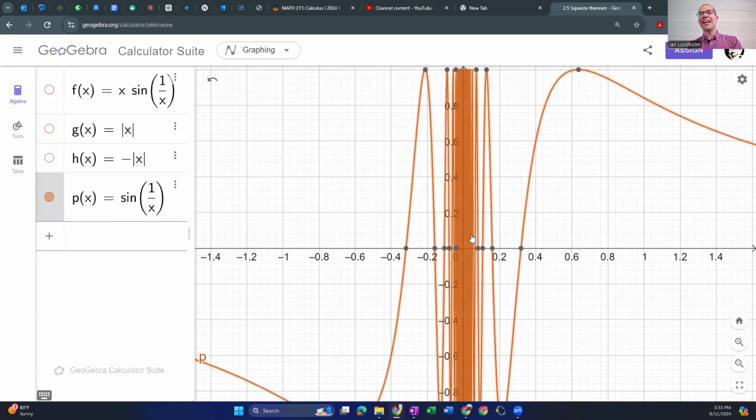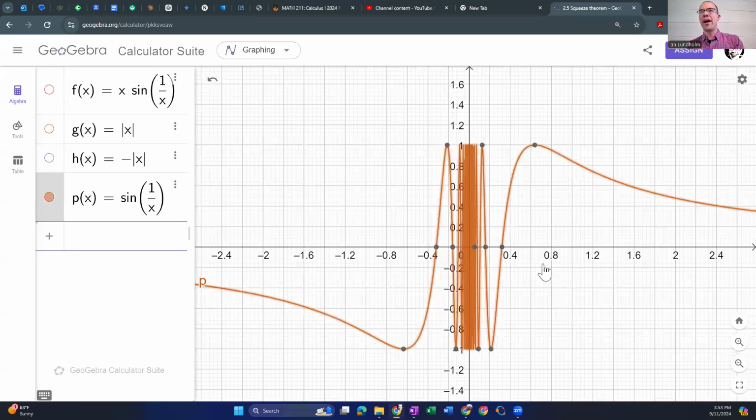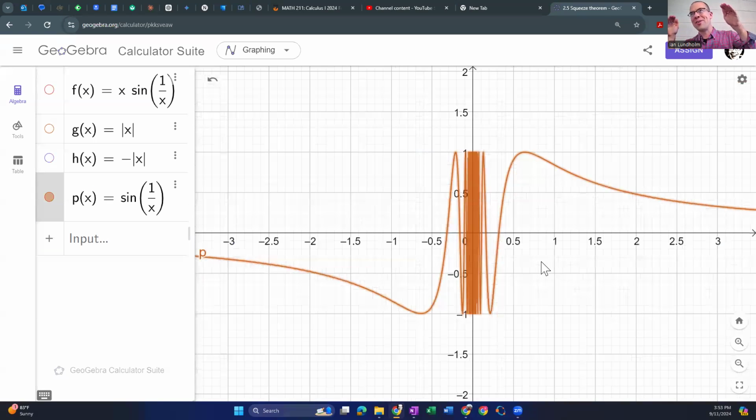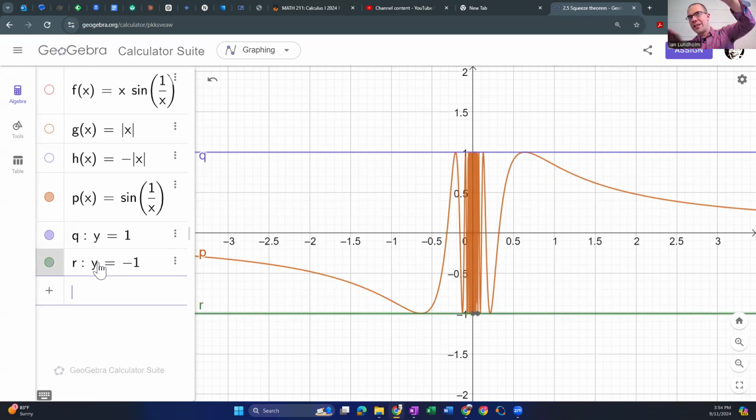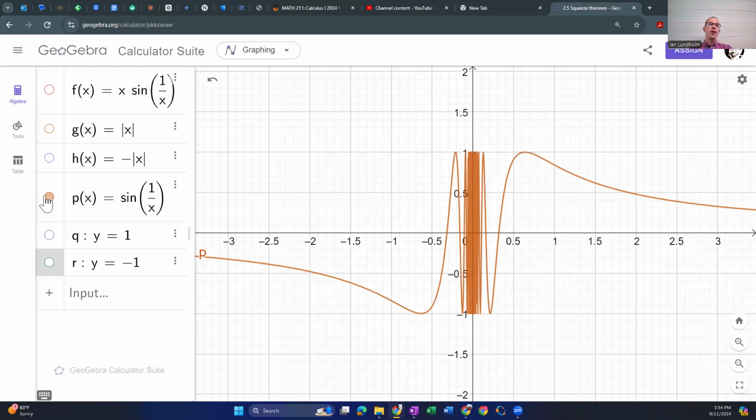It does look crazy in the middle, but when I'm talking about y values, the y value of 1 at the top is always going to bound this function, and the y value of -1 is always going to bound this function at the bottom. Sine is never going to go bigger than 1 or smaller than -1. It's always going to be in the middle, no matter how much craziness goes on in the center.